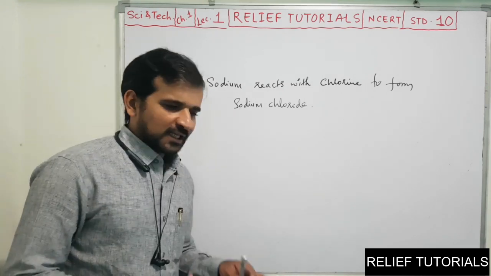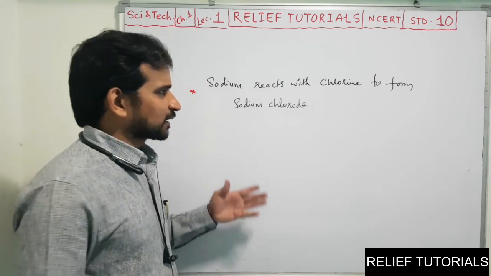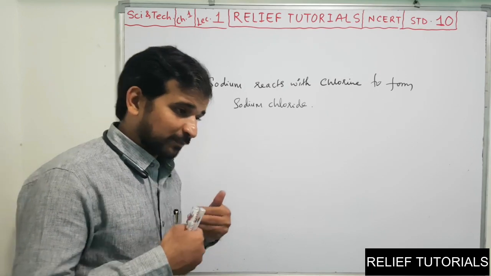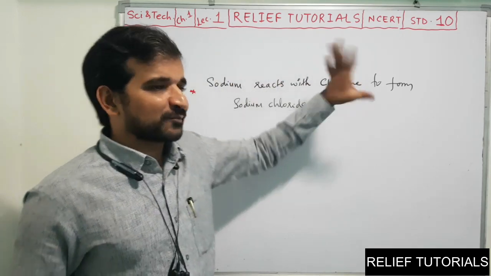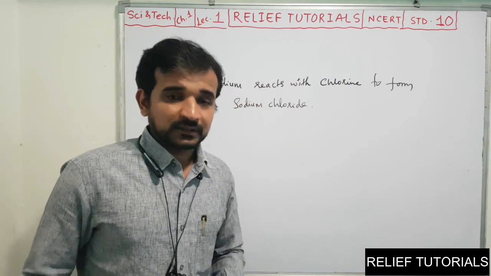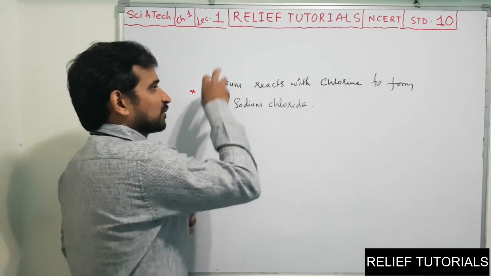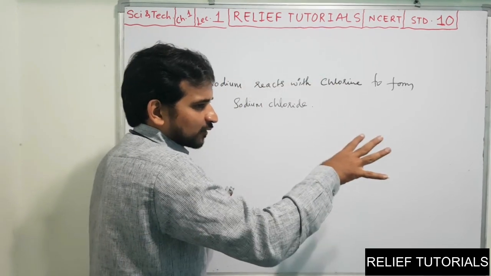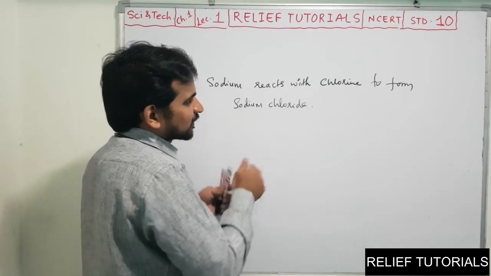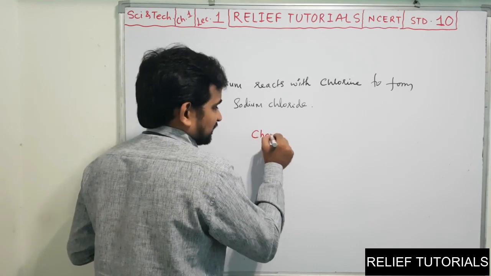This is the word form of the reaction which we have done. In the beginning of this chapter, we have to understand how a chemical reaction can be represented. This is the word form of a chemical reaction. Sodium reacts with chlorine to form sodium chloride. But we have to represent this chemical reaction in the form of a chemical equation.